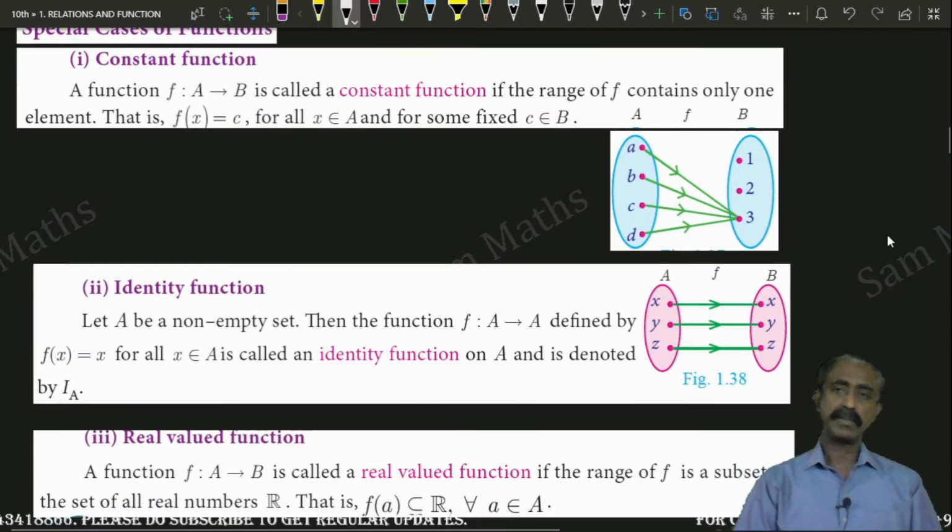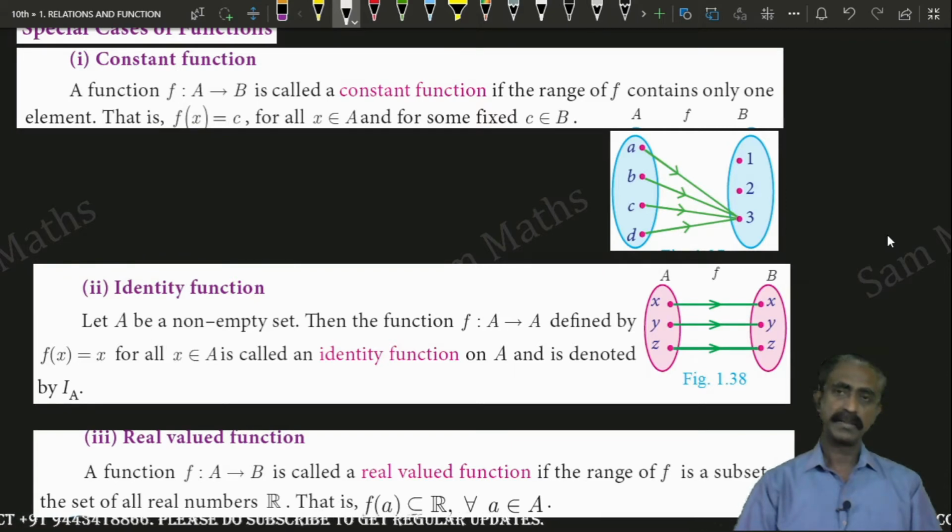In the example, all the elements of A are mapped with the same element of B. Image of A is 3, image of B is 3, image of C is 3 and image of D is also 3. Therefore, it's a constant function.